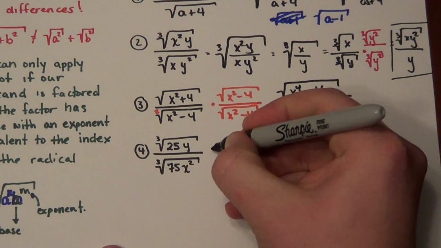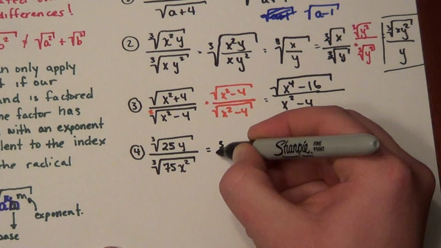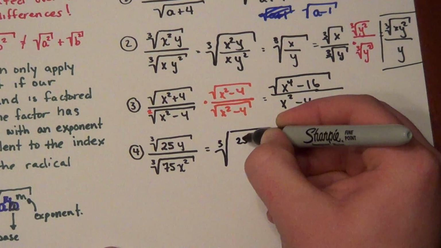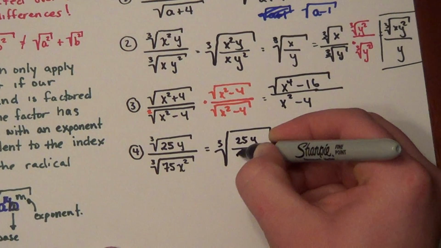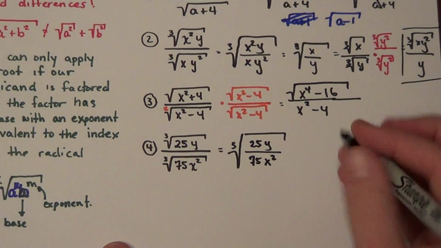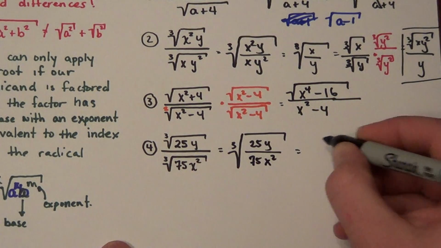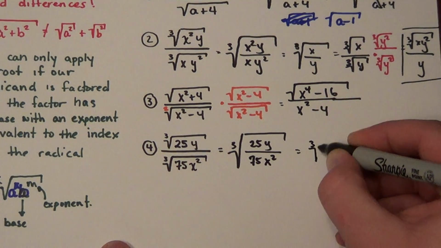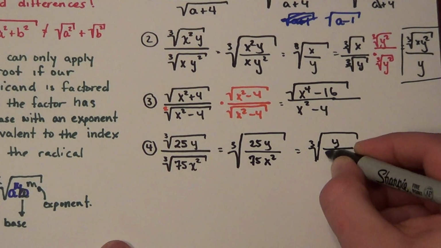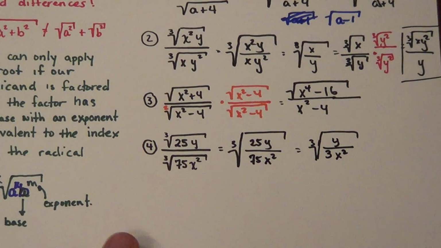So here we go. We break this apart, and we say that this is the cubic root of 25y divided by 75x squared. And from here we can then reduce the 25 and 75, which is going to be the cubic root of, nothing I can do with this y, but this then becomes 3x squared.